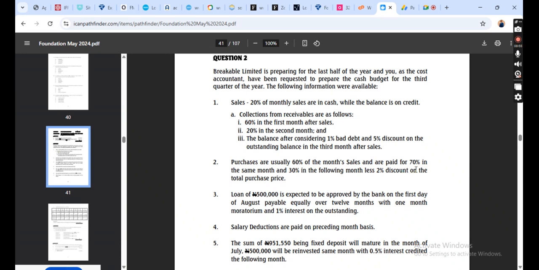And are paid 70% in the same month, right? That is, you pay the cash in that particular month, right? And the 30% in the following month. Now, the thing is that if you are paying 30% in the following month, you will not apply a discount to it, right?